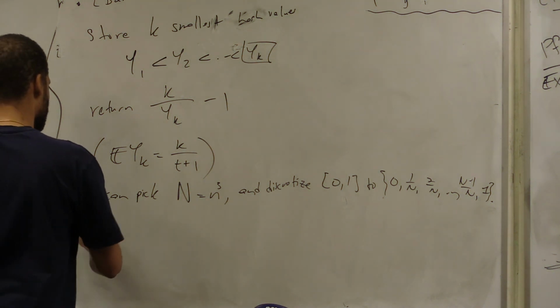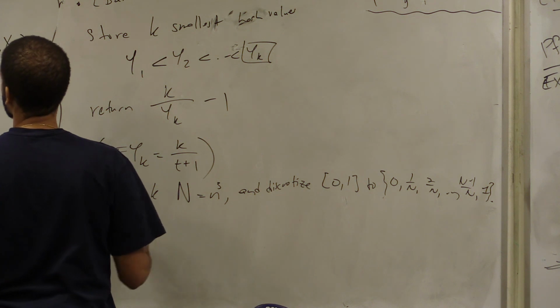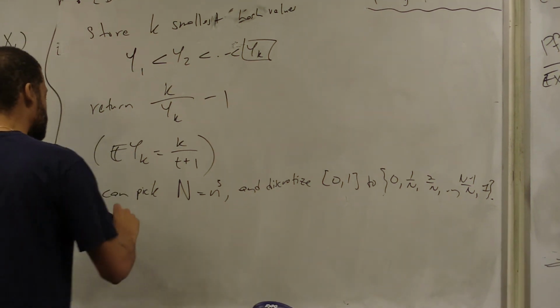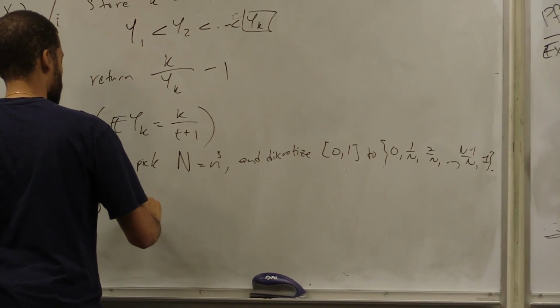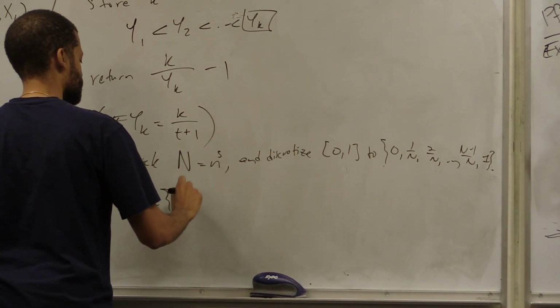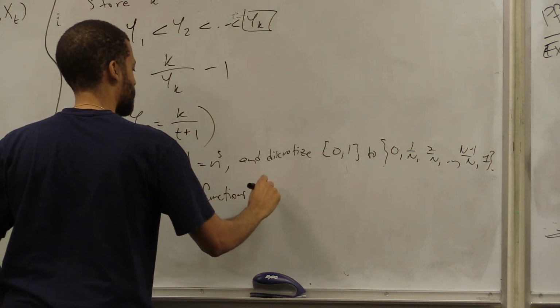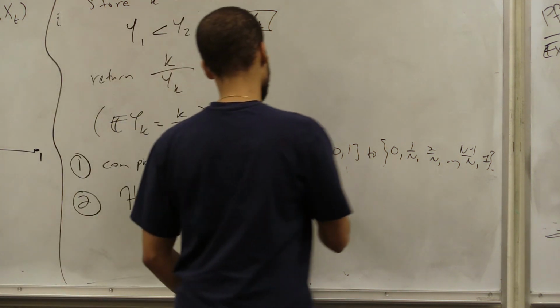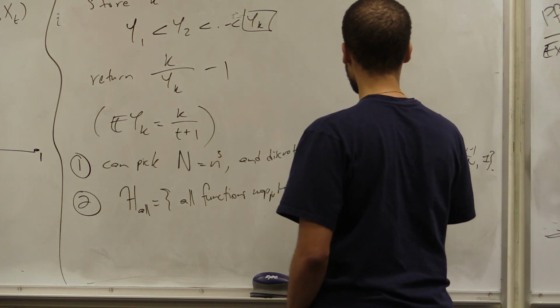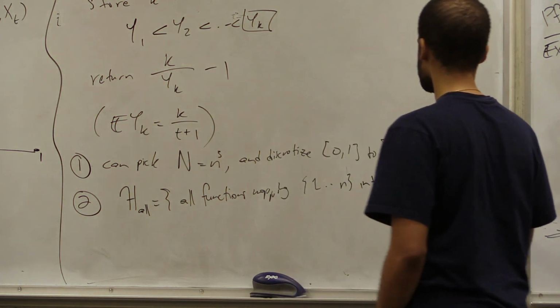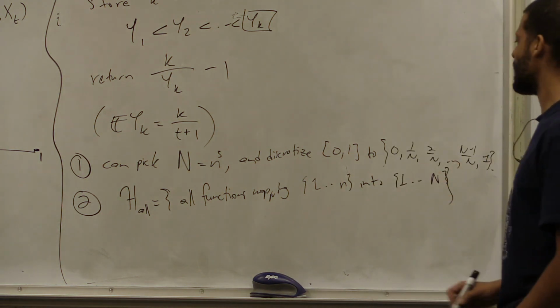And two, when we say that h is a random function, what we really mean is define the function h all, which is the set of all functions mapping 1 to n into 1 up to capital N. That's h all.